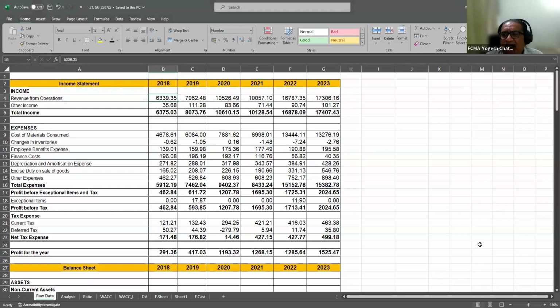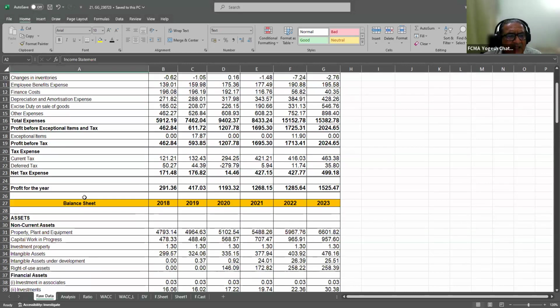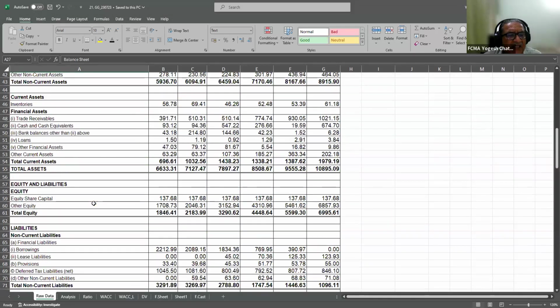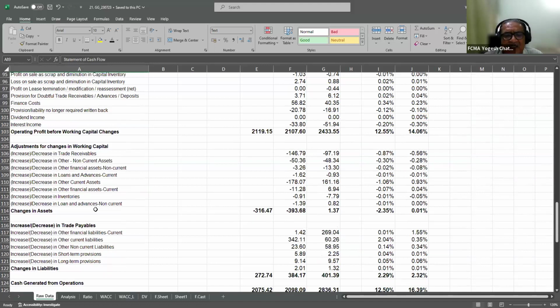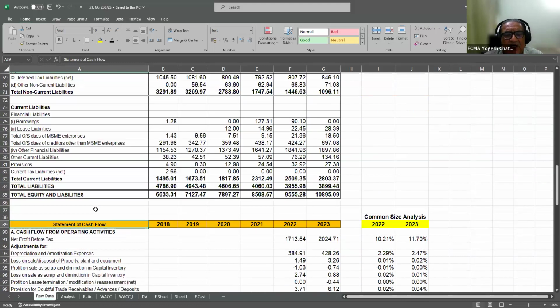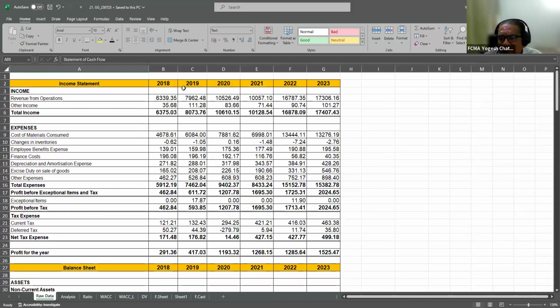You can get it from the website of that company or from the website of the stock exchange where the equity shares or security of that company is listed. So here is the financial statement, the income statement, the balance sheet, and the statement of cash flow of a listed company for a period of 6 years.